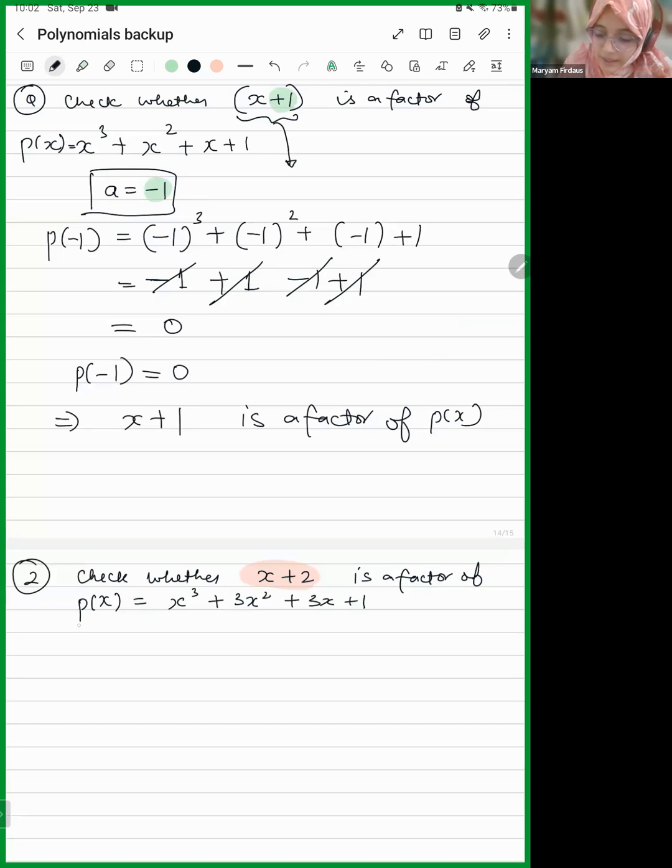So what does our a become? A is equal to minus 2. Very good. So this is the first step: a is equal to minus 2. Second step is put this a inside p of x. That means you have to find p of a, which is p of minus 2. And this is going to be equal to what, Zen?